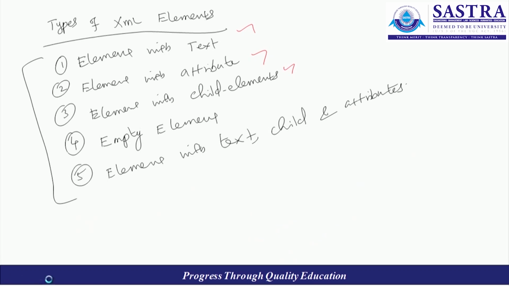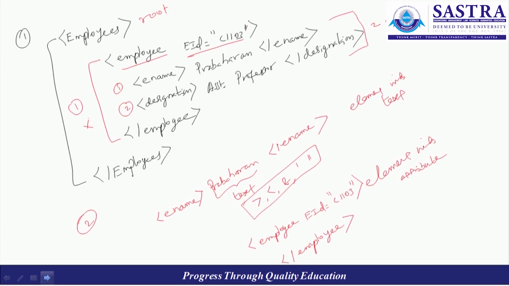Next, element with child element. Element with child elements, in which an example is this one. Is it right? Because employees is a root tag, it is also a parent element which has only one child element, that is employee. I can give this example also. The employee can also be taken for element with child elements.